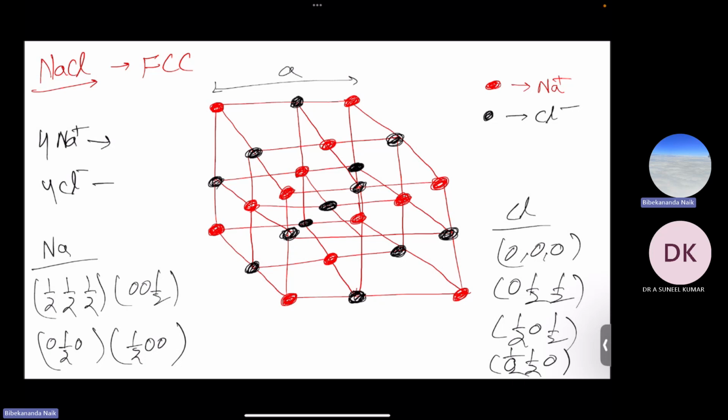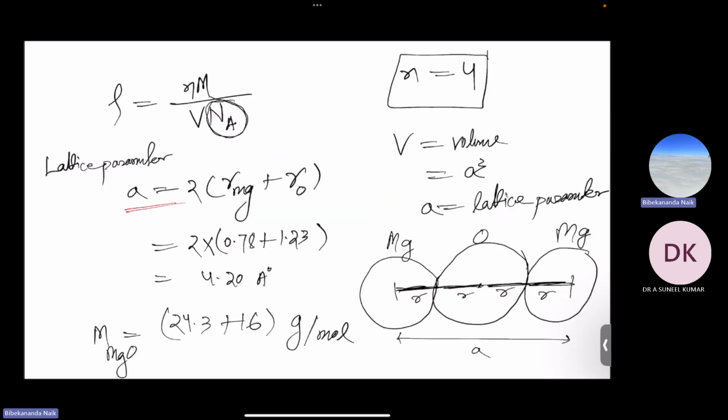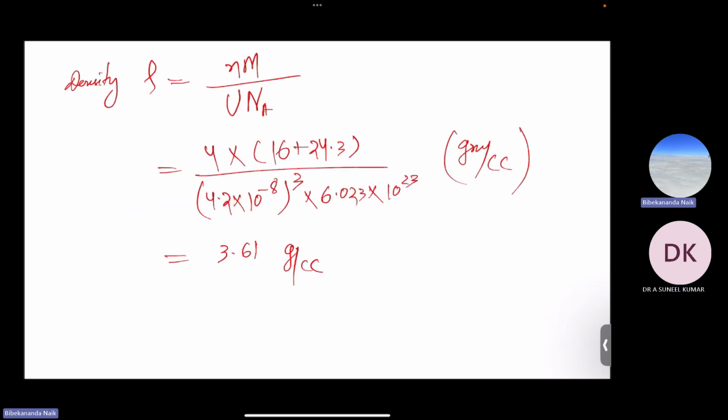For the lattice parameter, as we discussed, there will be 2 radius of magnesium and 2 radius of oxygen. After calculating the lattice parameter, we know n is equal to 4 for FCC structure, and the volume is A cube. If you put all these values, you will get the density of magnesium oxide as 3.61 gram per cubic centimeter. So we'll proceed to the next question.